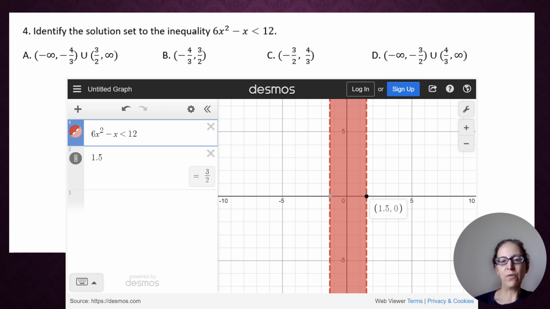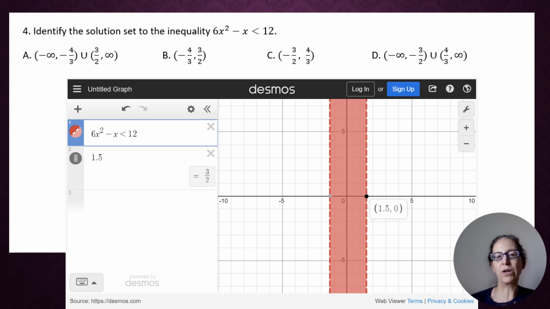That is negative 1.33333 and 1.5. Now, if you don't know what those are, Desmos can help you out a little bit. So you can put 1.5 in and it'll give you that little fraction and tell you the 3/2.